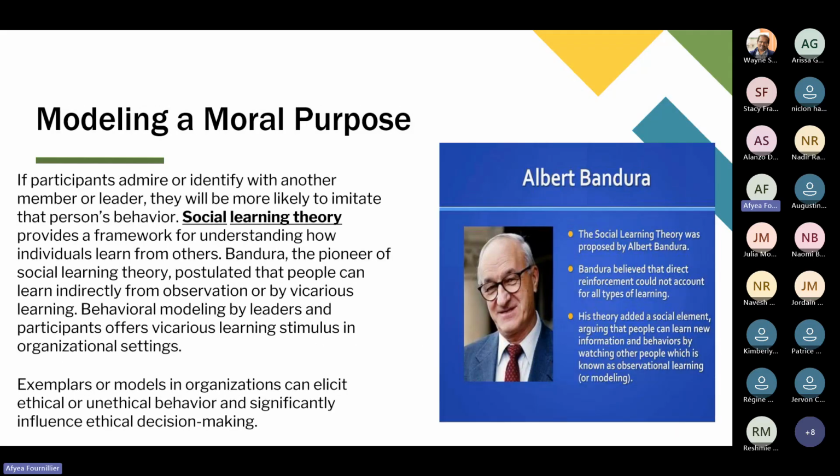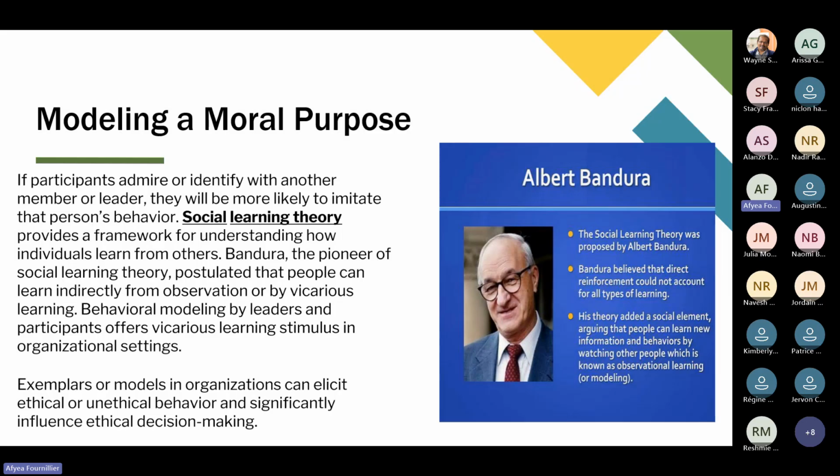Modeling a moral purpose. If participants admire or identify with another member or leader, they would be more likely to imitate that person's behavior. This is known as the social learning theory. This theory provides a framework for understanding how individuals learn from others.